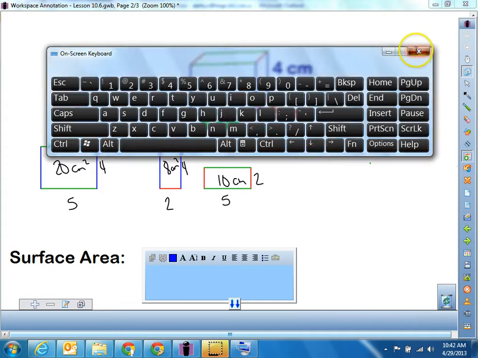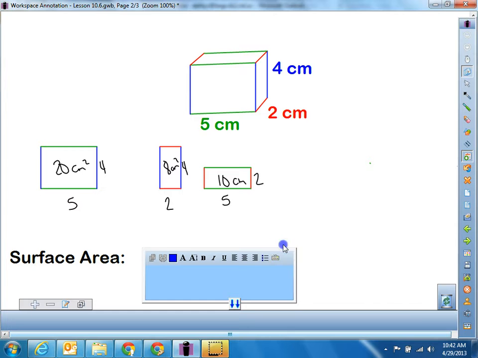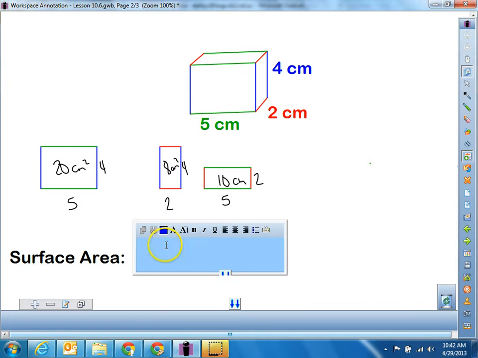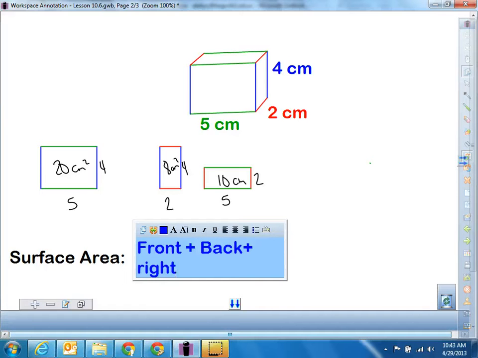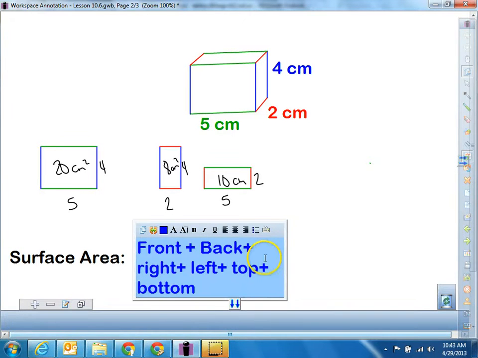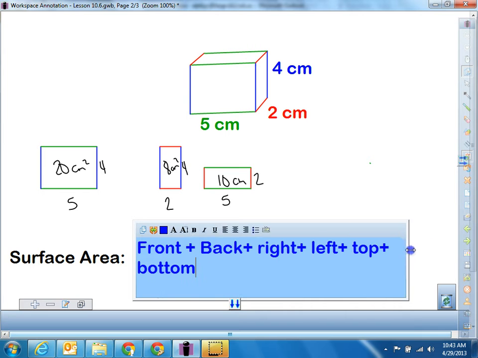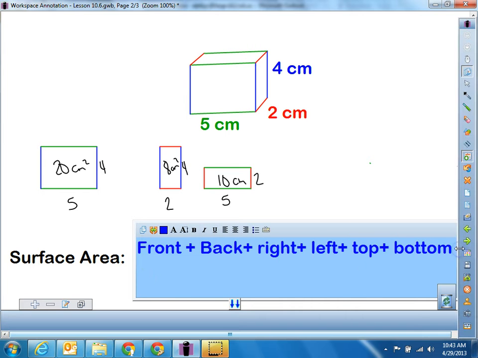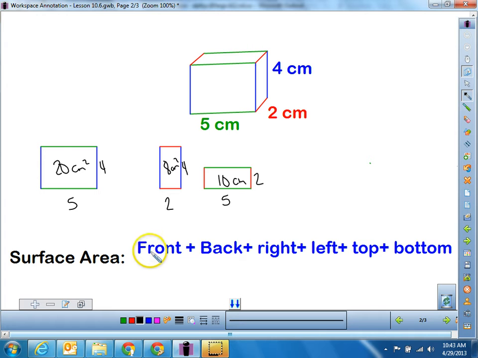Our surface area comes from adding our front plus the back plus the right plus the left plus the top plus the bottom. There we go, we can fit it all in there. So with that, we know this is what we need to add together.